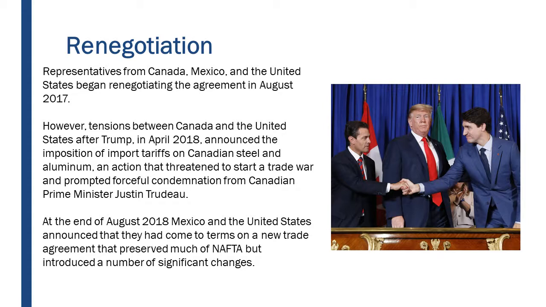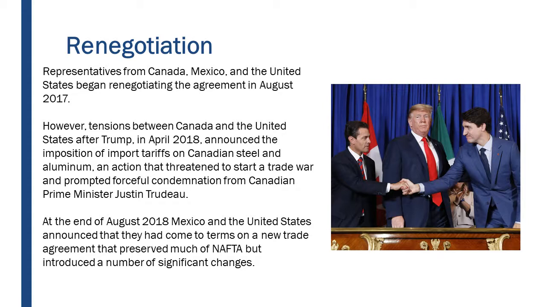Representatives from Canada, Mexico, and the United States began renegotiating the agreement in August 2017. However, tensions arose between Canada and the US after Trump in April 2018 announced imposition of import tariffs on Canadian steel and aluminum, an action that threatened to start a trade war.